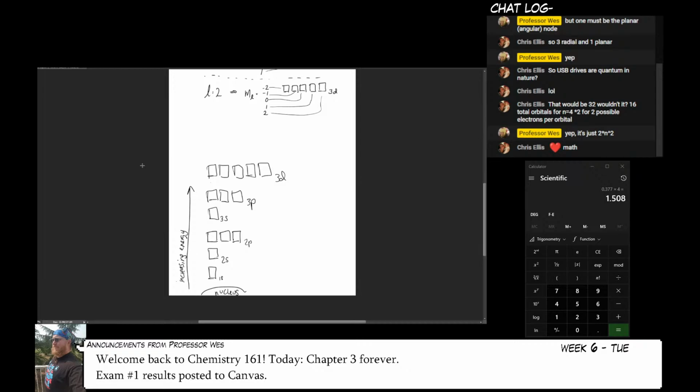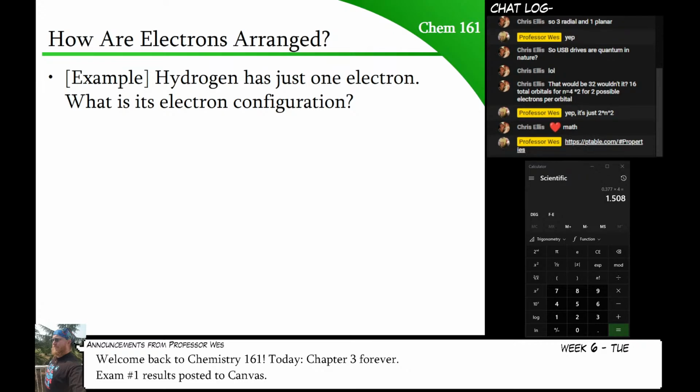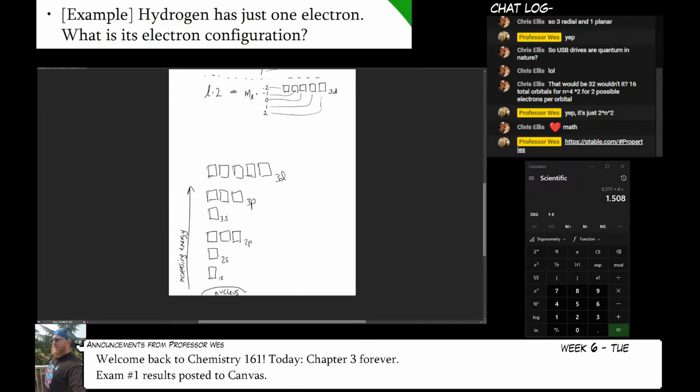Because what we're going to do is go back and look at elements on the periodic table. For example, hydrogen. Hydrogen only has 1 electron, right? That's obvious enough. Hopefully you have your p-table out. Here's p-table if you don't. But if you click on hydrogen, hydrogen only has 1 proton and 1 electron. So we're going to go over to our diagram here, and I'll say, okay, I have 1 electron.